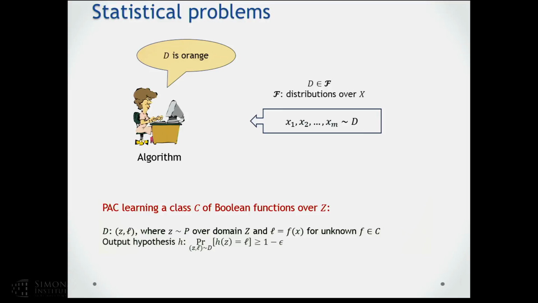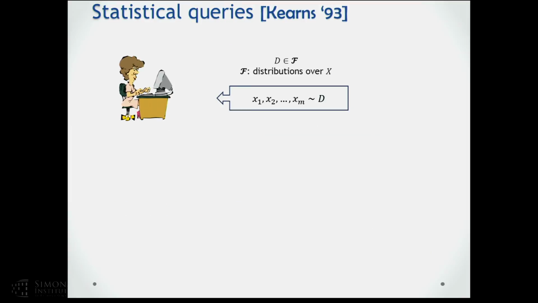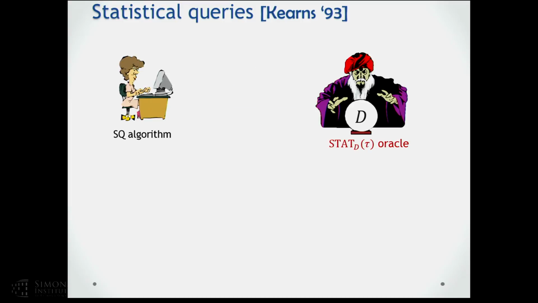So as I mentioned, we'll be looking at restricted classes of algorithms for solving these general statistical problems. And the main restriction we'll be looking at is referred to as the statistical query model. In this model, instead of having a random sample from the input distribution D, the algorithm has access to a statistical query oracle for the distribution D. So the algorithm can ask queries, where each query is a real-valued function over the input domain.